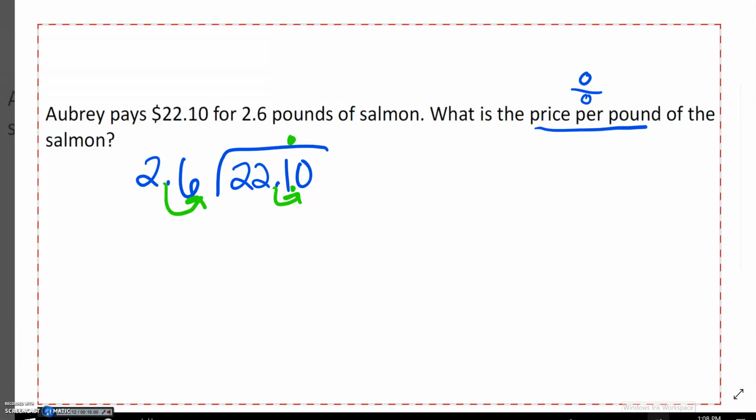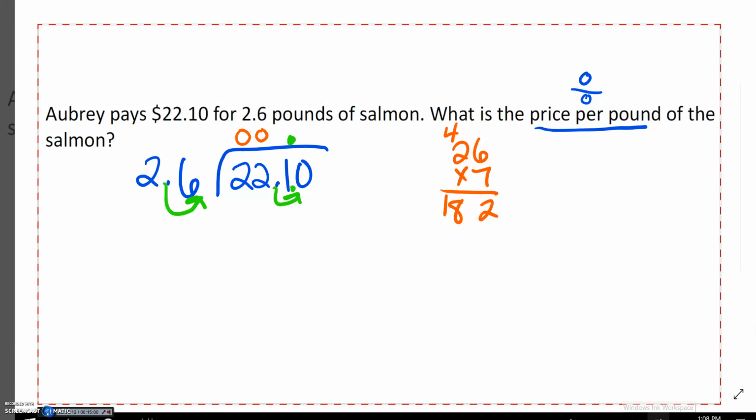So I need to see how many times 26 will go in. It won't go into 2 or 22, so it's going to have to go into 221. I don't know how many times off the top of my head, so I kind of have to guess and check. So I'm going to just try 7. 6 times 7 is 42, carry my 4. 7 times 2 is 14, plus 4 is 18.